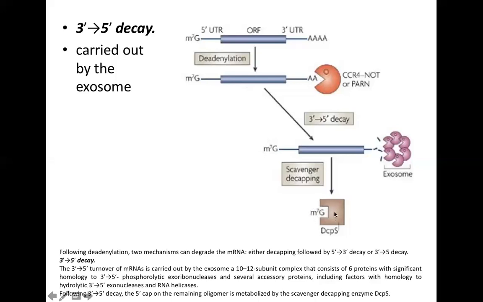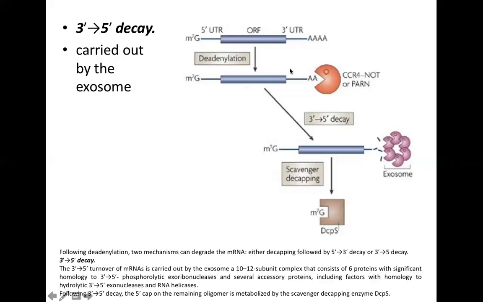This indicates that this enzyme has the potential to remove the cap, and this one indicates the active site of the enzyme which can remove the cap. The remaining nucleotides and the cap are destroyed by DCPS at the end. So this is how 3' to 5' decay is carried out.